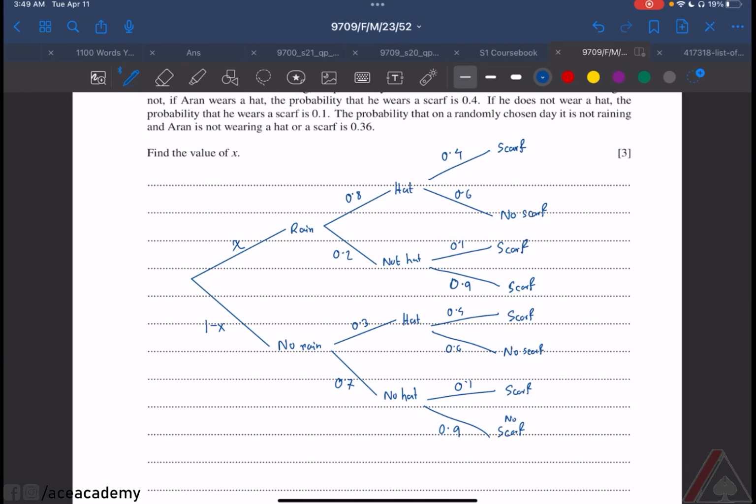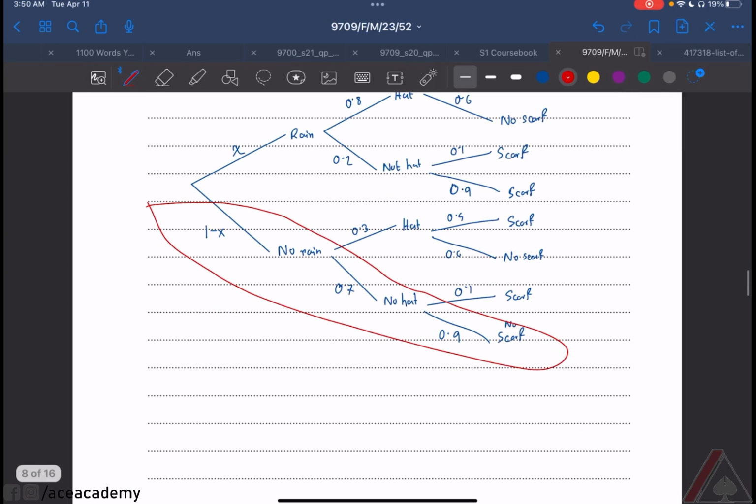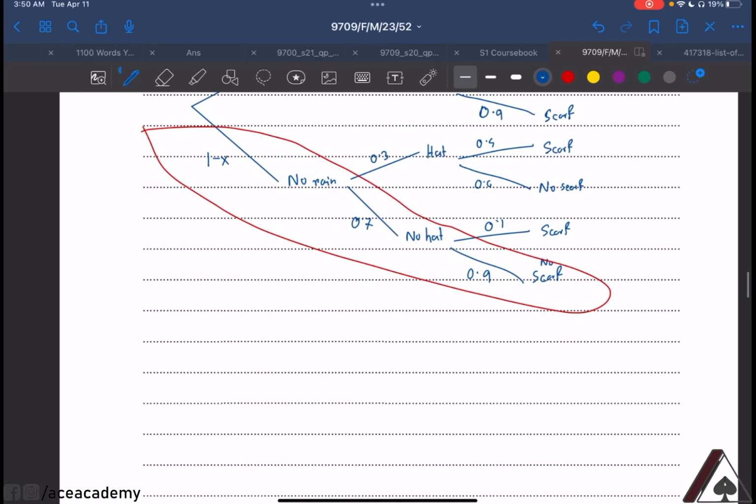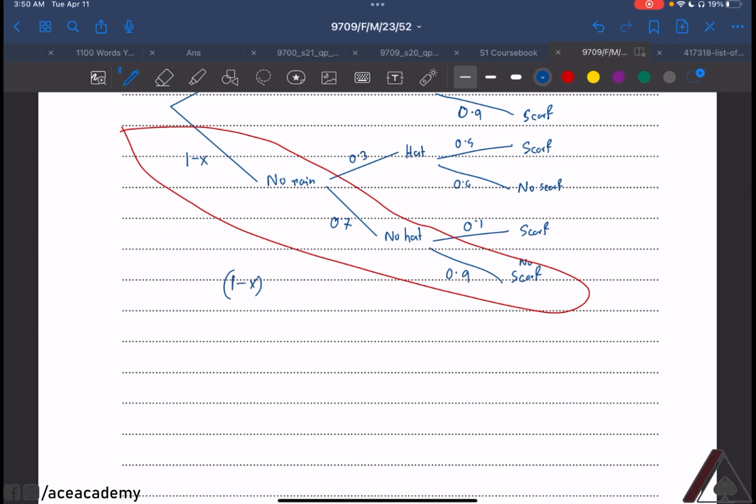The probability that on a randomly chosen day it's not raining, and Aaron is not wearing a hat nor a scarf. So overall, this entire section over here is 0.36. All right. So now we can calculate x. 1 minus x, 0.7, 0.9 equals 0.36.